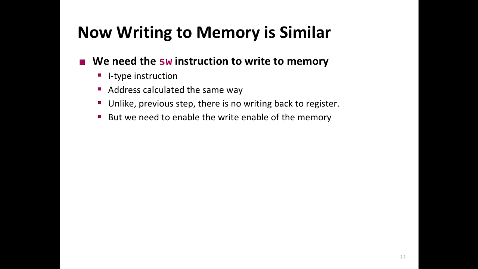And in order to write it to the memory location, we need to enable the write enable of the data memory. So these are some extra changes that we will have to make to be able to use I-type instructions. Any questions?